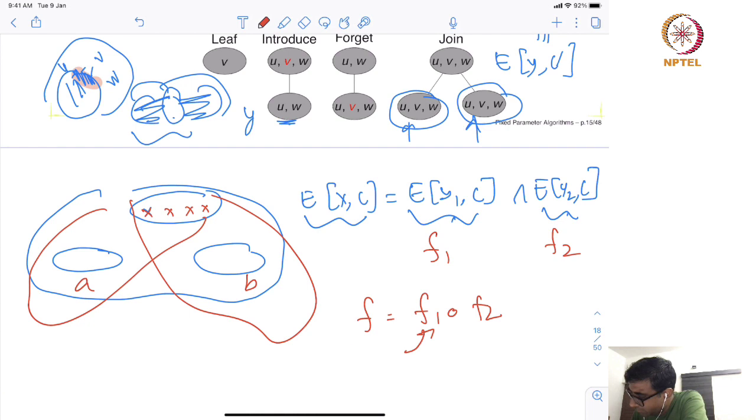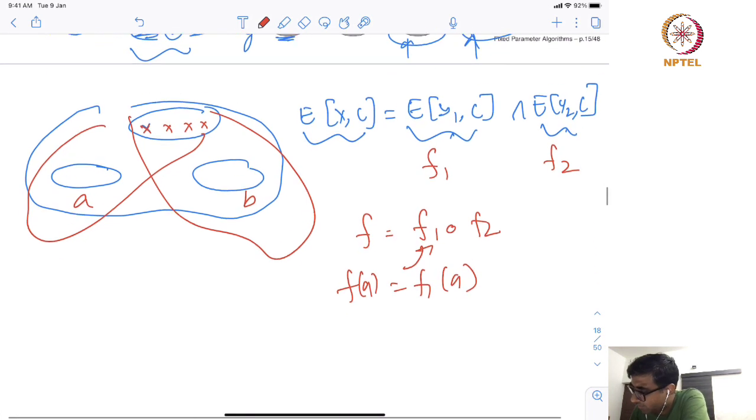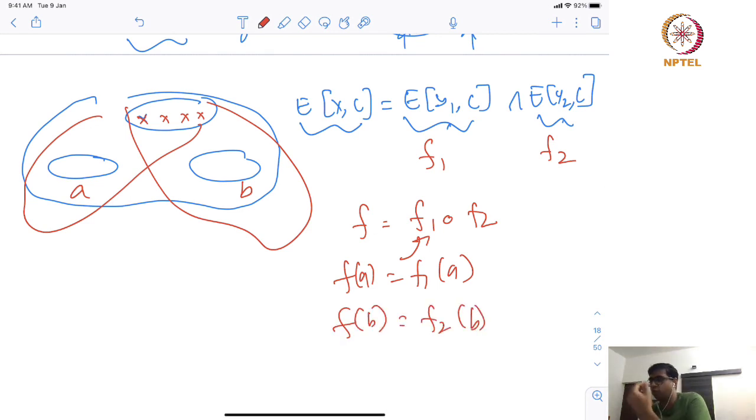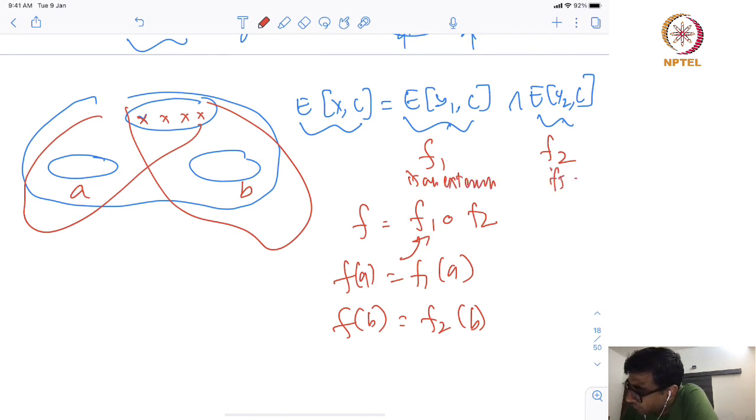Then f of A is nothing but F1 of A, and if B is on this side, f of B is nothing but F2 of B. On the common vertices, both F1 and F2 have the same coloring, because F1 is an extension of C and F2 is an extension of C.